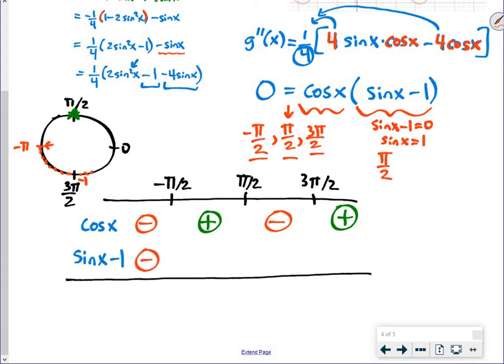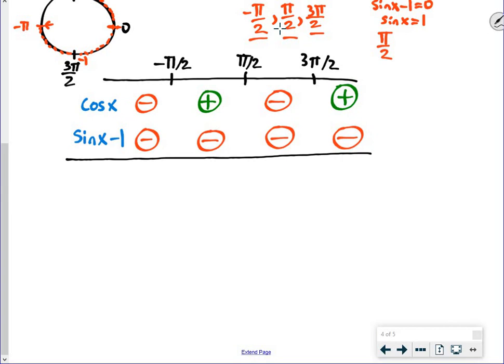And then as we go along, pi goes 0 at that point, and then it goes up to a max of 1. So it's negative the whole way through. So implications there for g double prime.